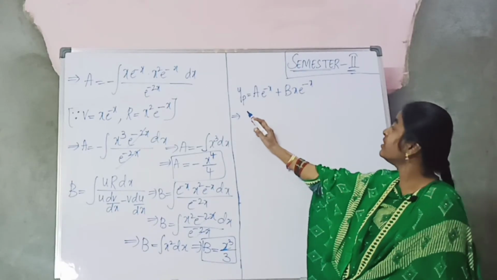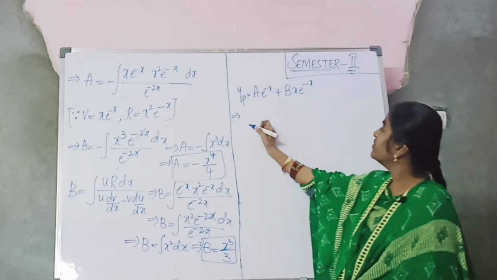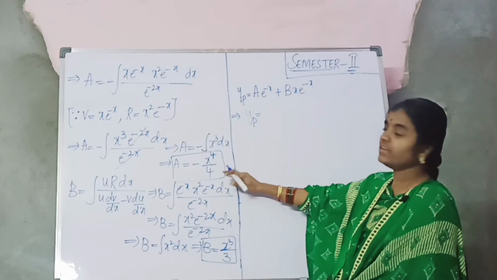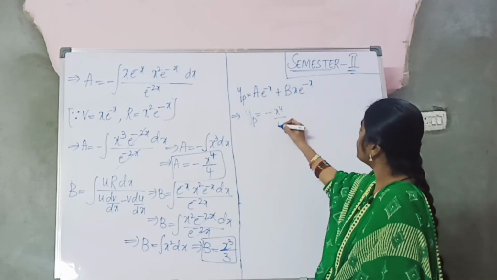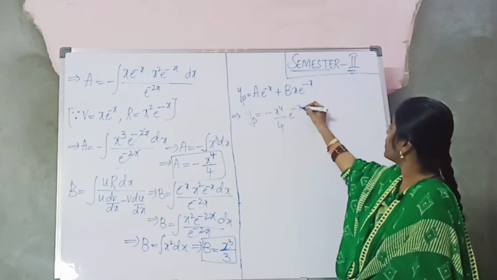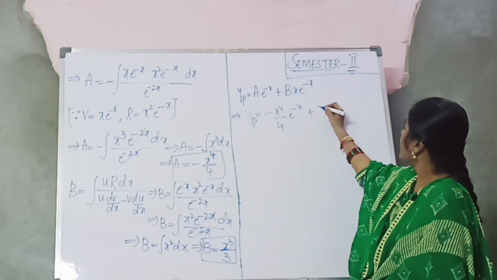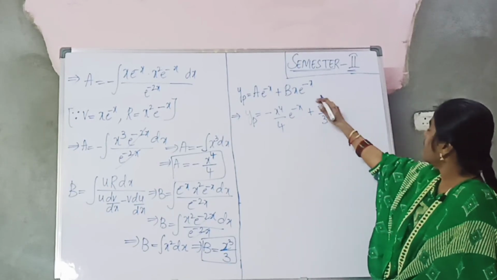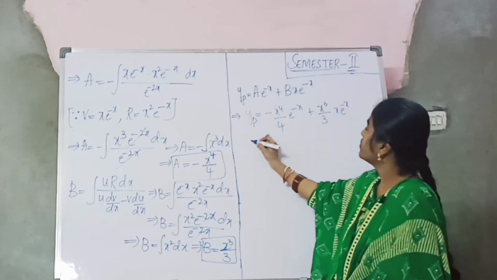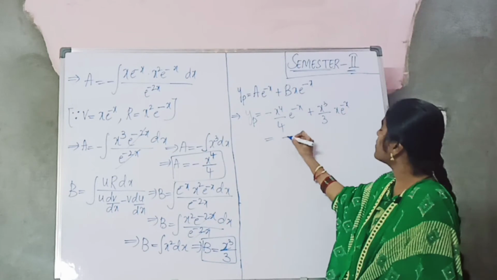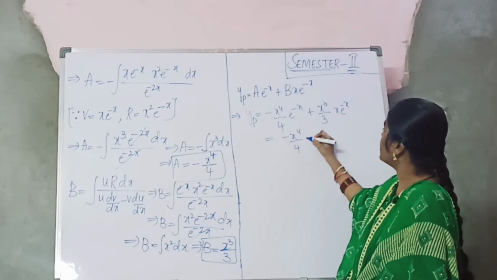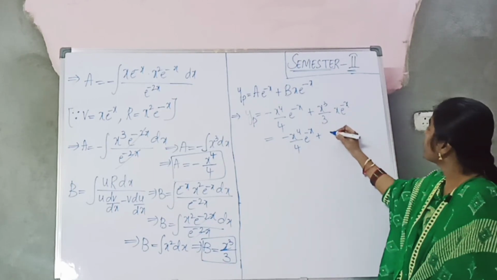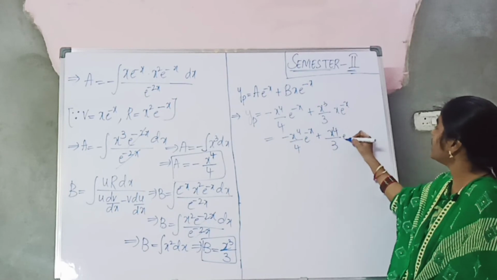Now we substitute the a and b values in yp. So yp equals minus x power 4 by 4 into e power minus x plus x cube by 3 into x into e power minus x, which equals minus x power 4 by 4 into e power minus x plus x power 4 by 3 into e power minus x.